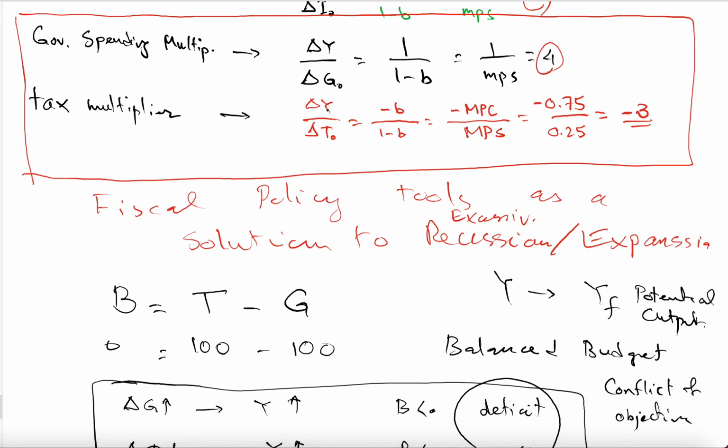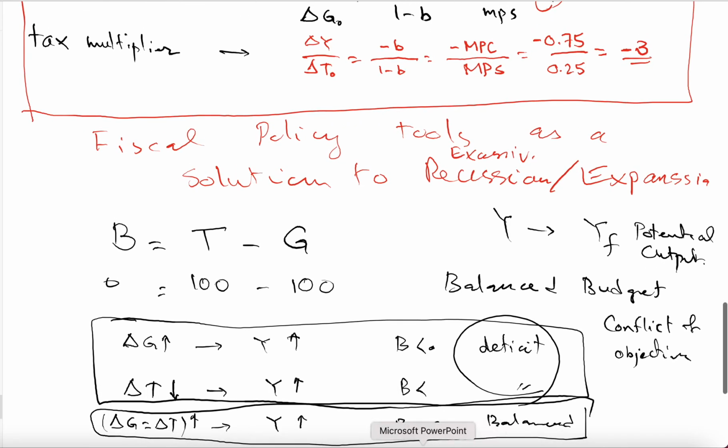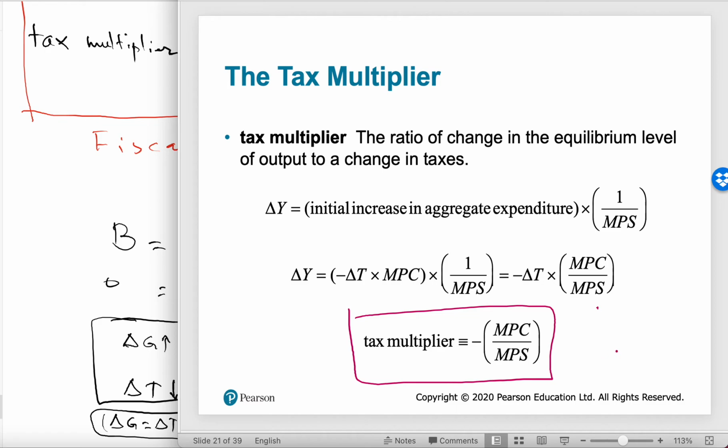Then I took the partial derivative against T0 and I calculated minus MPC over MPS. So this is what is also shown here as the tax multiplier. So if we are in a recession and we want to increase income, we have to give a tax cut. It means that reducing tax will increase the output to the desirable level.